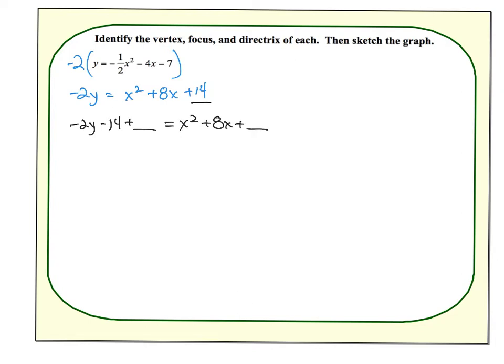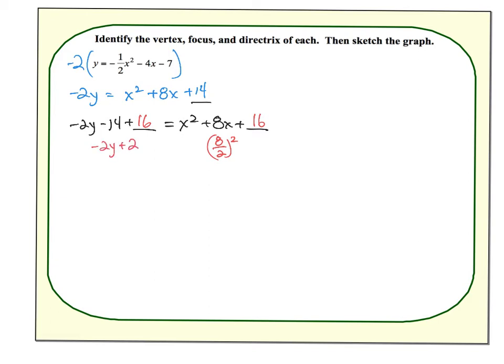plus blank. So how do I start completing the square? What do I need to do? Take my what? Take my b, which is 8, and then divide by 2 and square it. So what did I add to one side? 16. So what do I add to the other side? 16. So now on the left side, I'm left with negative 2y plus 2.